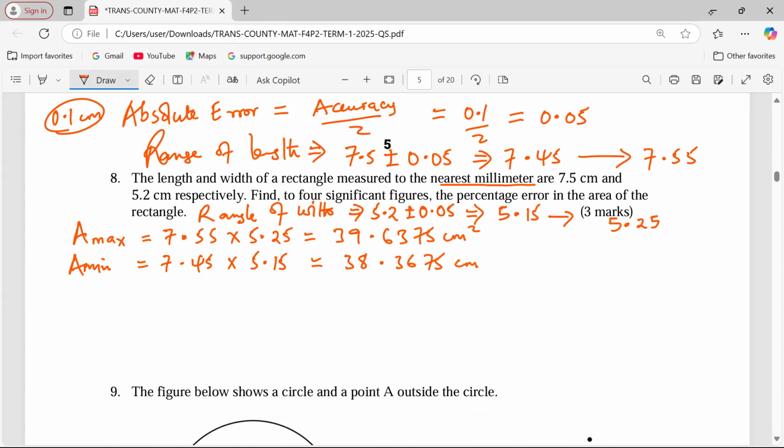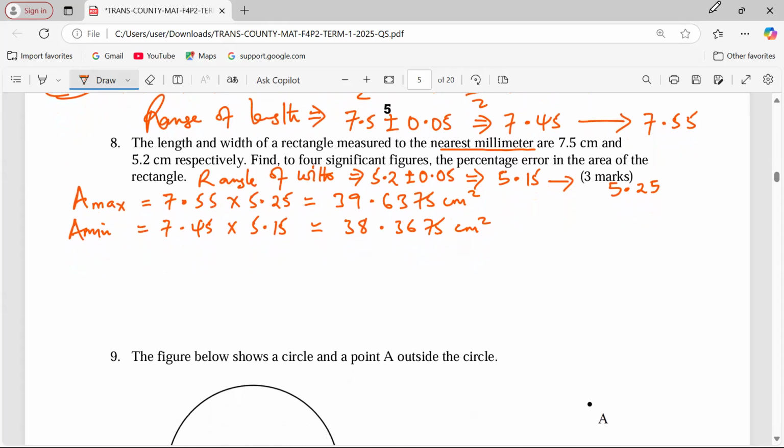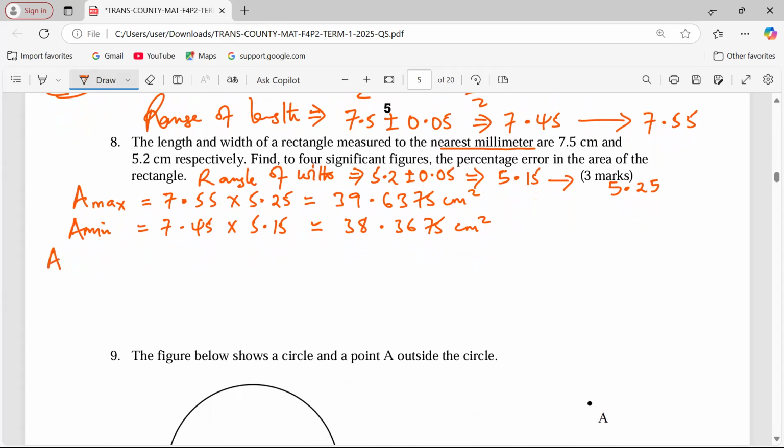This is giving us 38.3675 square centimeters. Then after this, we can now talk about actual area. Actual area is also called the working area. Working area is given by the dimensions just as they have been captured. So I'll be taking 7.5, and I multiply by 5.2, and this is giving us 39 exactly.